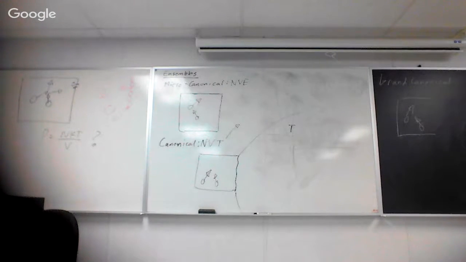Pardon me? That's segregated. That's a good idea. We'll come to that one in a minute. That's not what I want to do. So you're saying let's let E vary, right? Okay, we'll come to that one in a minute. I don't want to let E vary. I want to let the other two vary.